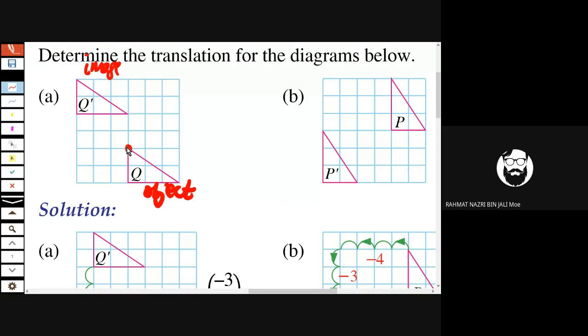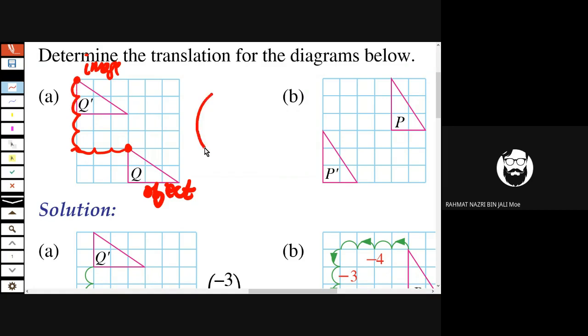So we have to move this point to the left, 1, 2, 3, because the image for this point is located on the left and upward to this point. So 3 points, and then we stop here. Then we continue the journey vertically, 1, 2, 3, 4.